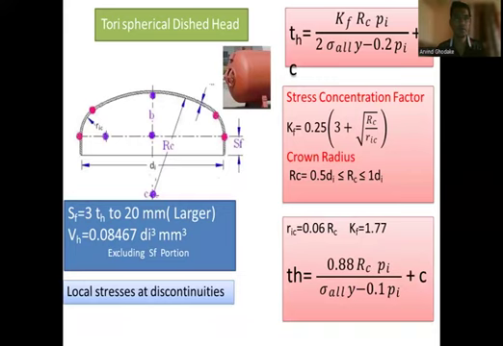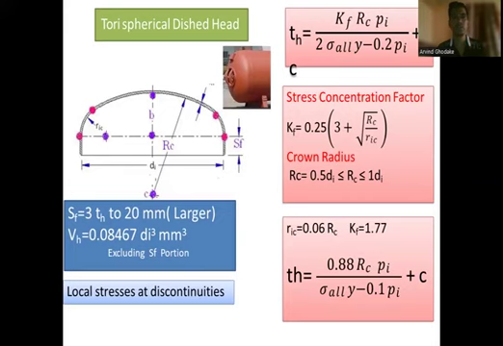Next is the torispherical dish head. The thickness of the torispherical dish head is calculated by using the formula Kf into Rc into Pi by 2 times sigma allowable into Y, that is efficiency, minus 0.2 Pi, plus C, that is the corrosion allowance.